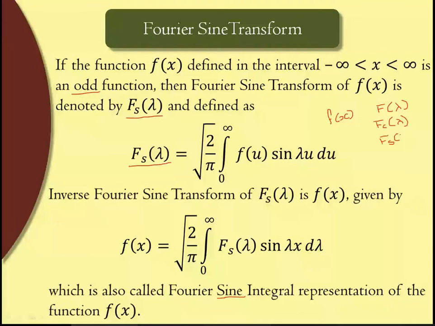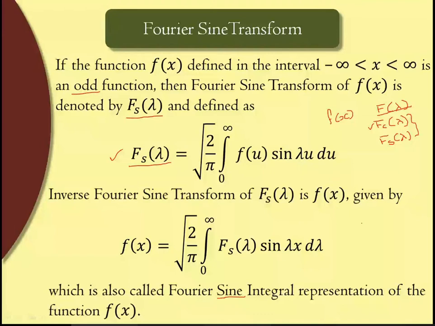Actually, these two formulas, the formula for fs lambda and the formula for fc lambda, are simplifications obtained by making use of the formula of f of lambda. What we have there in f of lambda is an integral from minus infinity to infinity.